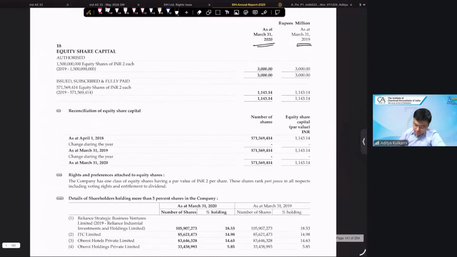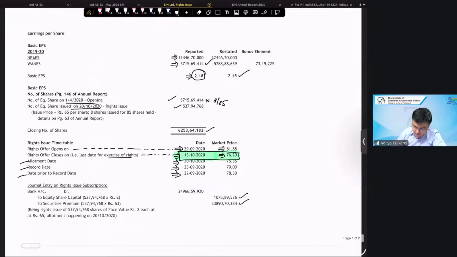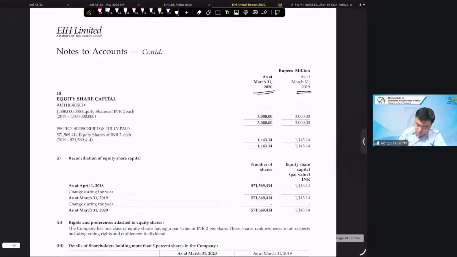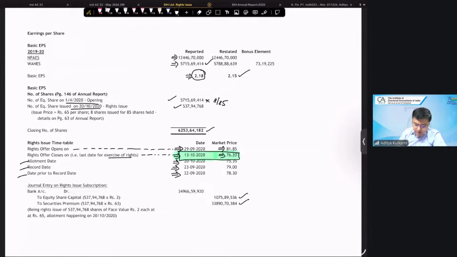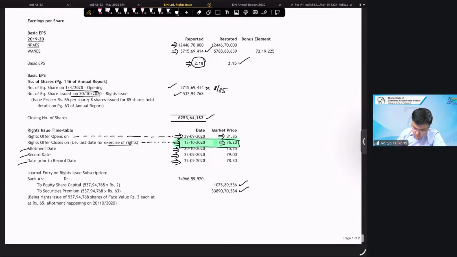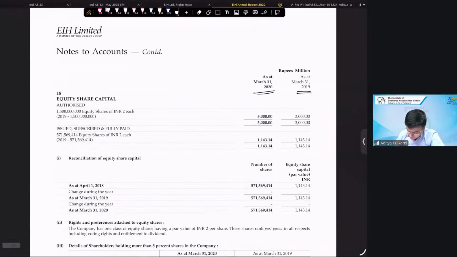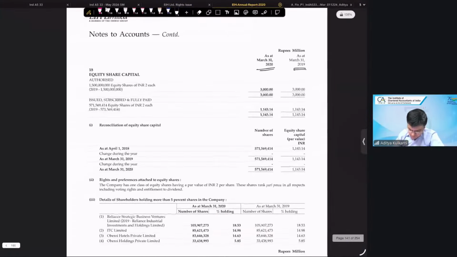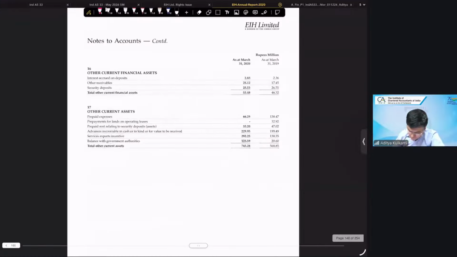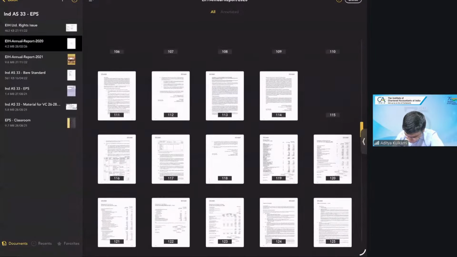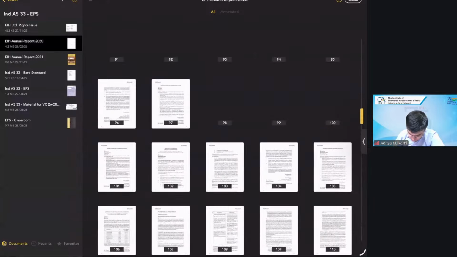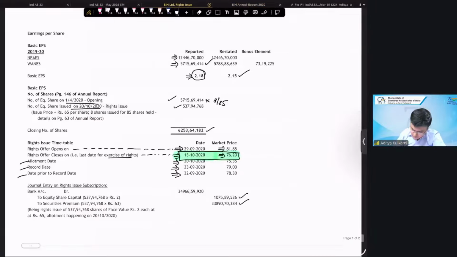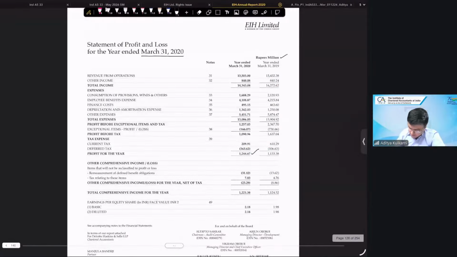Now, net profit attributable to equity shareholders. Just a minute. Okay, here it is.